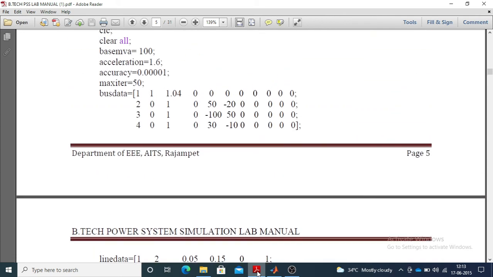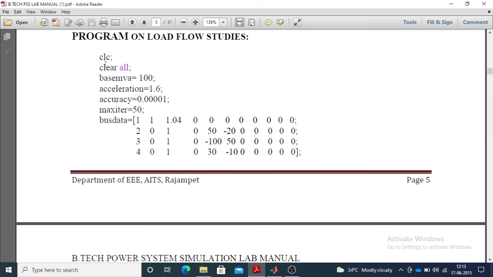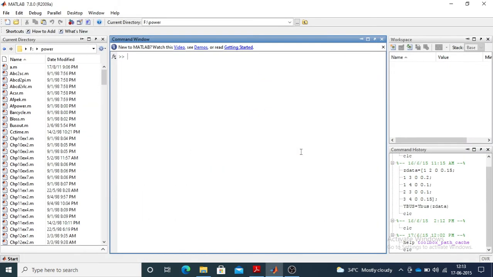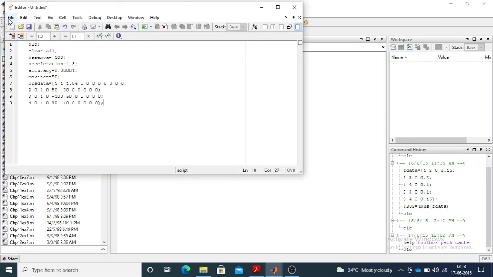Now I will type this same program by copying it from the manual into MATLAB. While going to MATLAB, set your current directory, choose a blank M-file and then paste it.